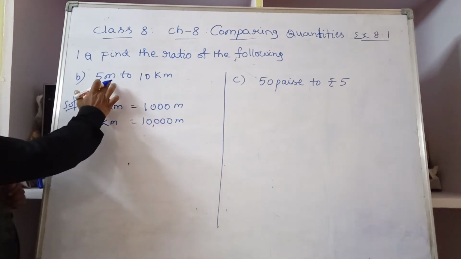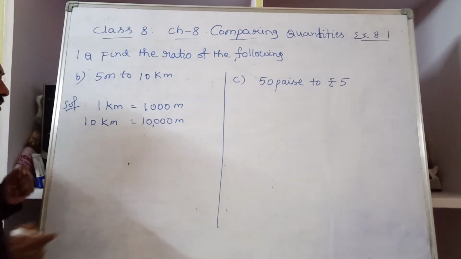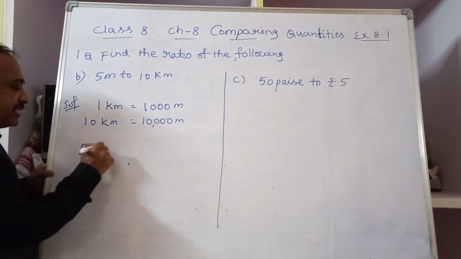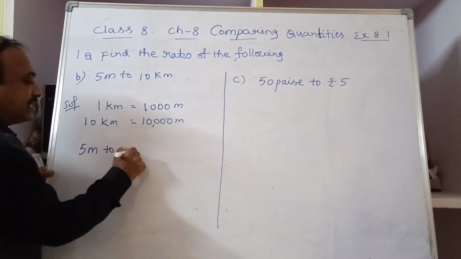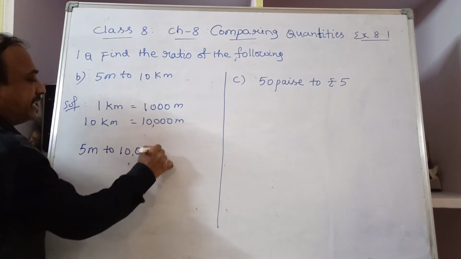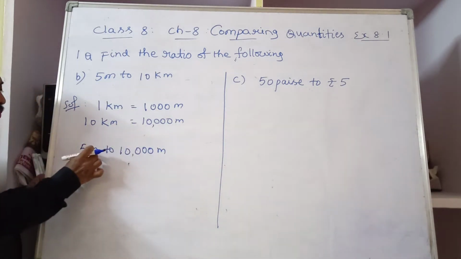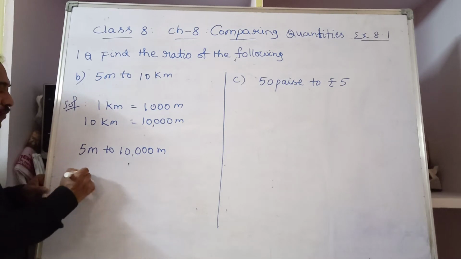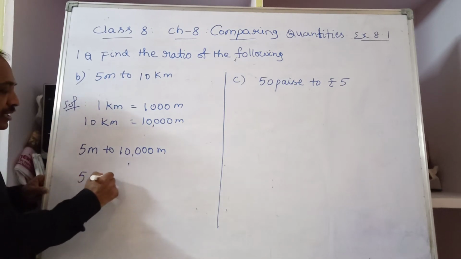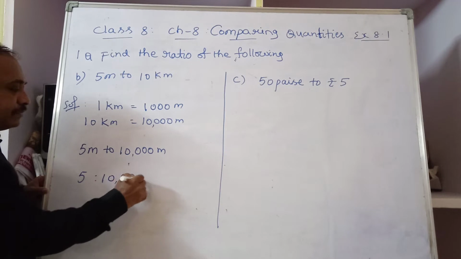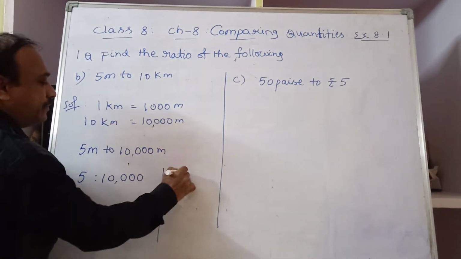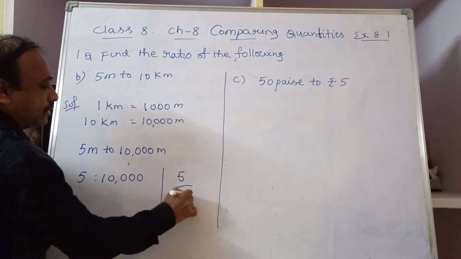You see the units now? Here meters, here also meters. So now remove the units, because ratio does not contain any units. 5 is to 10,000. It's nothing but 5 by 10,000.